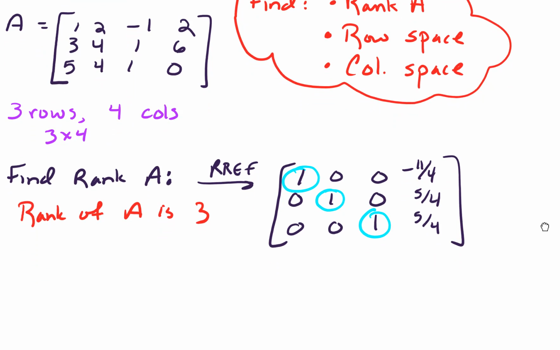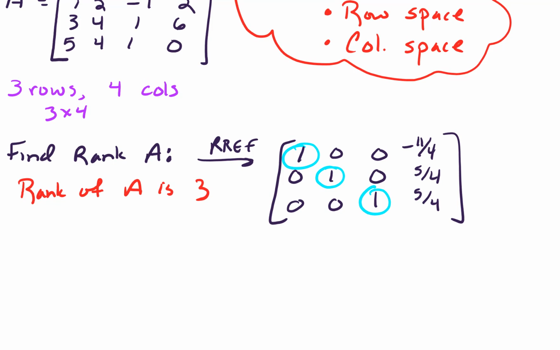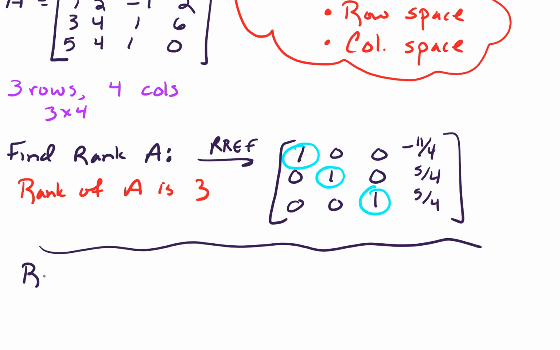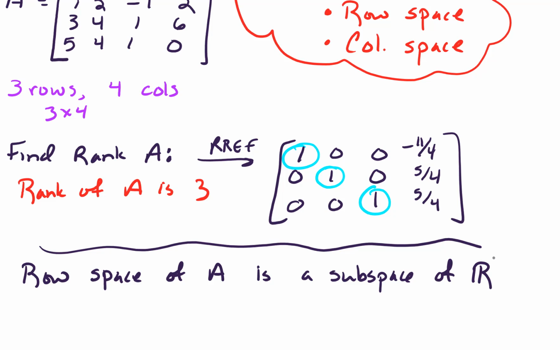Next, we want to talk about the row space. So the row space of A, notice that the rows live in R4. So the row space of A is a subspace of R4.